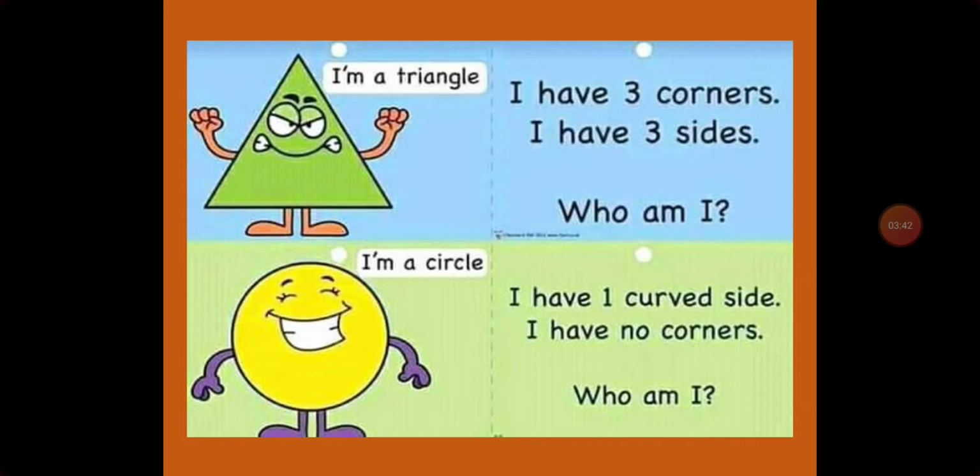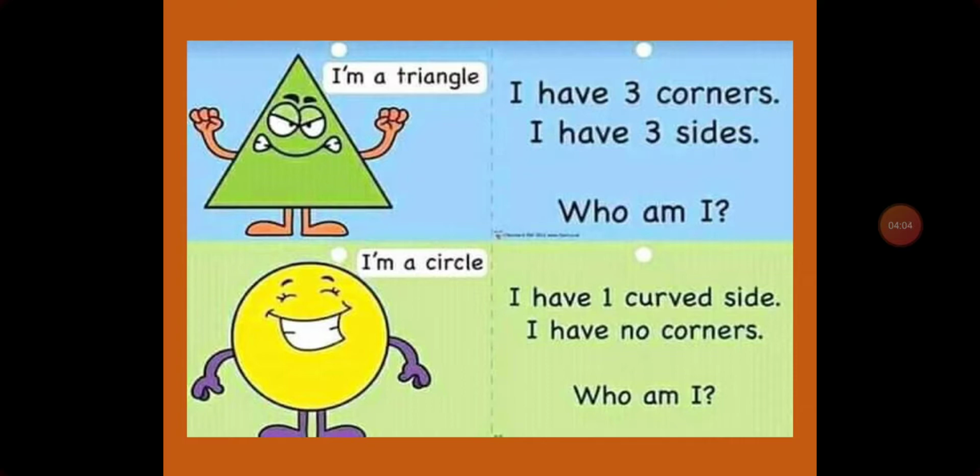triangle. The next shape is, I have 1 curved side and I have no corners at all. Can you guess this shape? Of course.